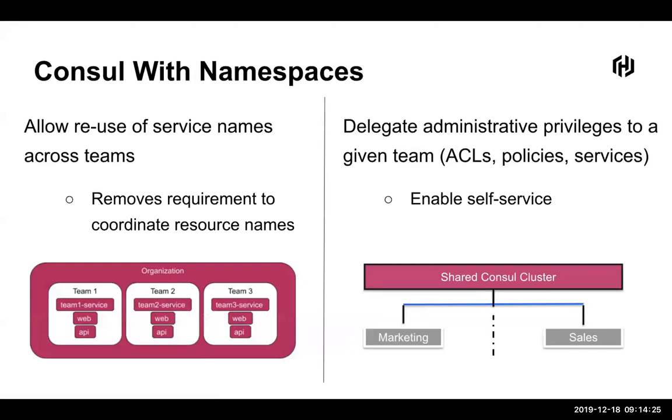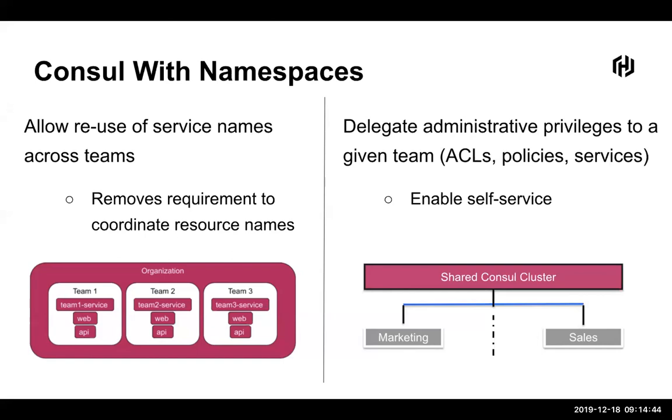The benefit of this approach with namespaces is that it allows the reuse of service names across teams. This removes the requirement to coordinate resource names between teams. Here on the diagram on the left, with Team 1, Team 2, and Team 3, you have the same service names, Web and API.